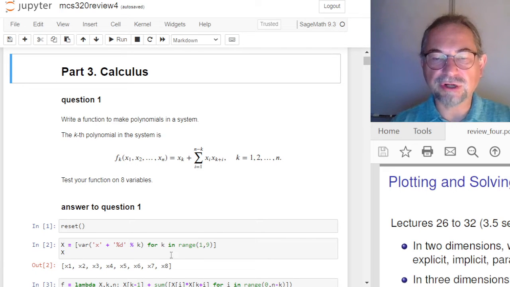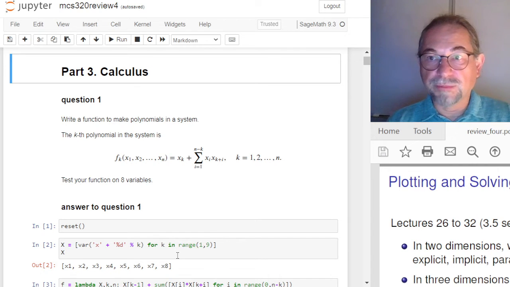And you see the construction where I'm using the addition of two strings and the percent operation to generate the numbers, which are the indices to the variables.